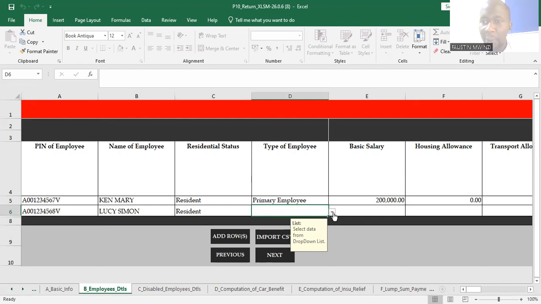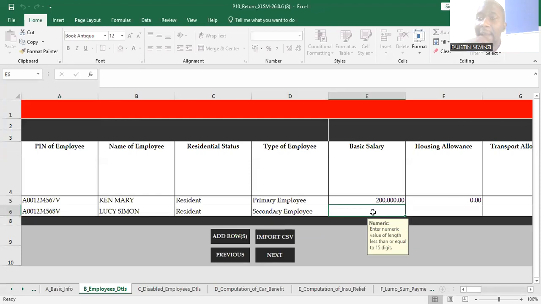What I want to demonstrate to you is that if this is not a primary employee, then it will be a secondary employee. Secondary employees are those employees who have another employer. It's very common with universities.